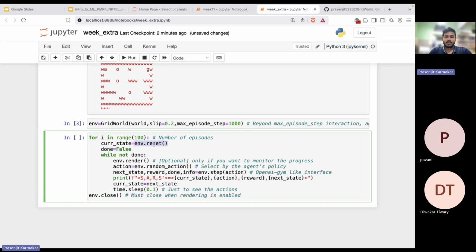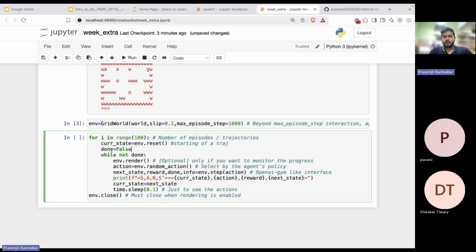That means before each trajectory, I have to reset. So this is the starting of a trajectory, and this is the number of trajectories or episodes. They're also known as episodes. So these are actually trajectories.